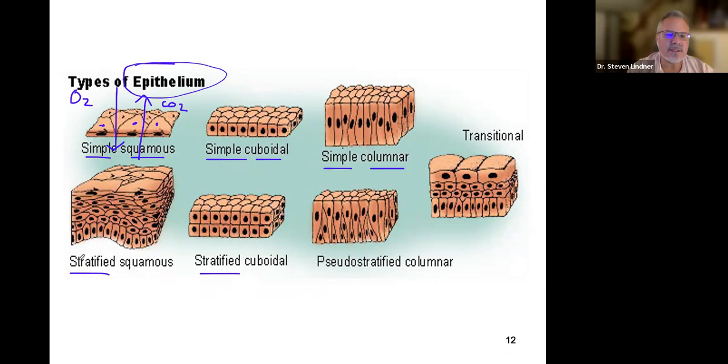But below it, we see it's stratified squamous, right? Same flat, irregular cells, except we have multiple layers towards the apical surface, or the top surface. So where we have the epidermis of the skin, right?